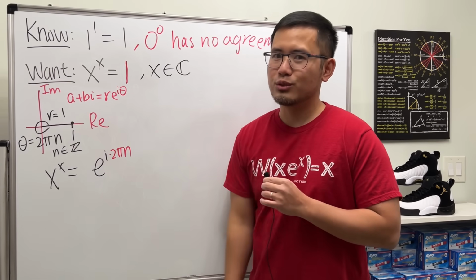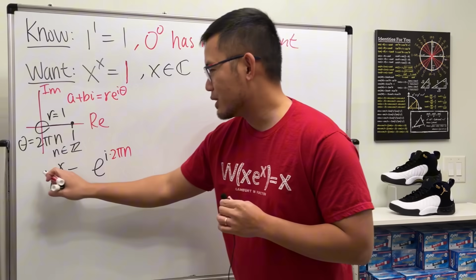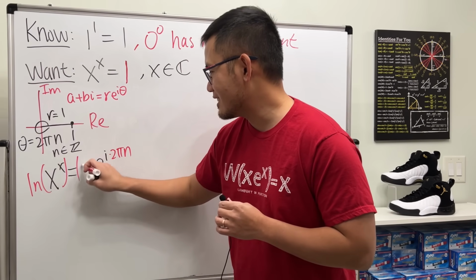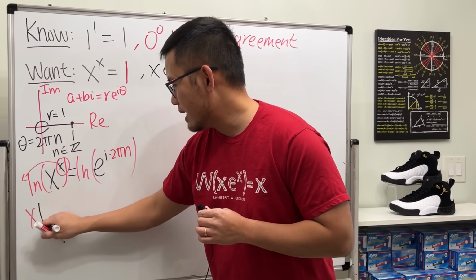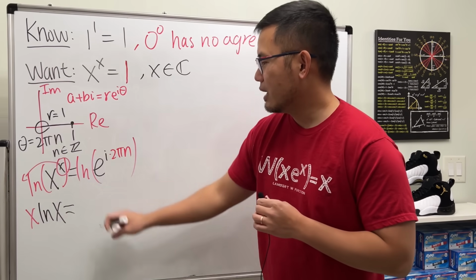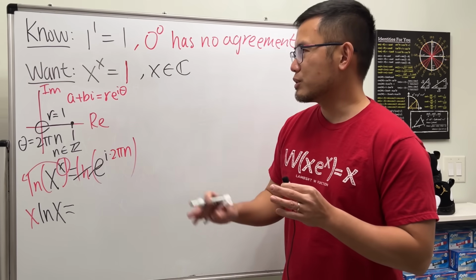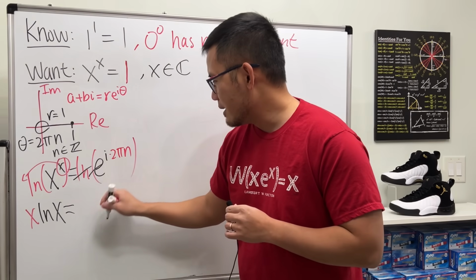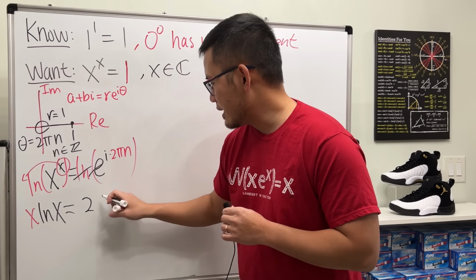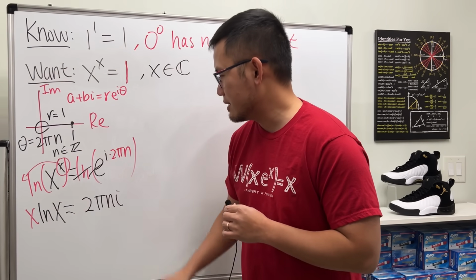Now we have more things to work with. Here, let's go ahead and take the natural log on both sides. Alright, put this to the front, so we have x times ln x, and that's equal to, let's just go ahead and cancel this, 2 pi n i like this.